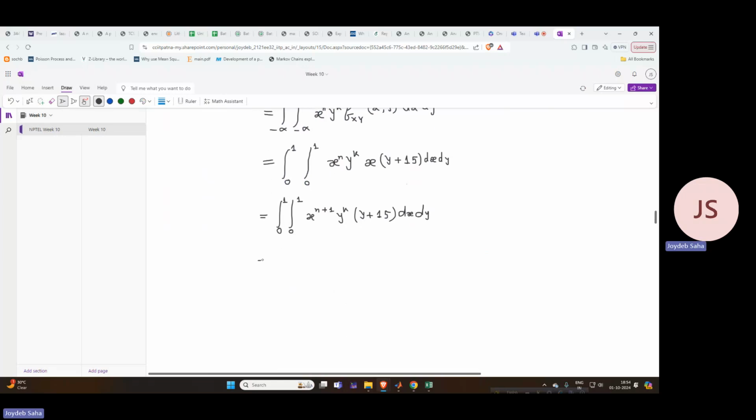Okay, this is again 0 to 1. We can write it as x to the power n plus 1 into y to the power k plus 1 plus 15y, dx dy.